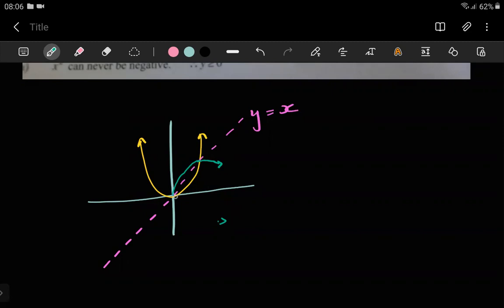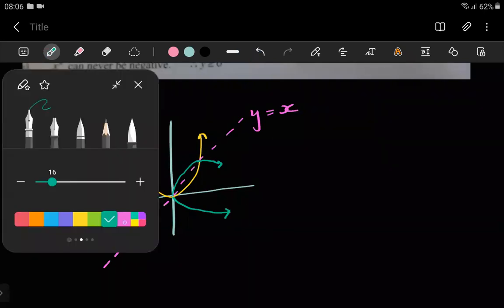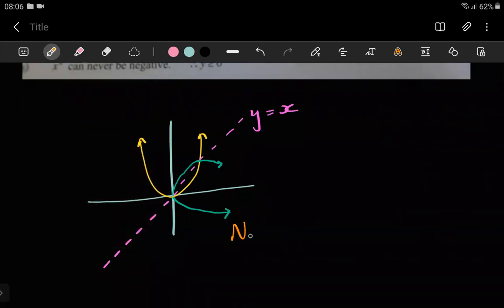So that's how you know your inverse looks something like this. Now, the issue is this inverse is not a function. It's a graph, yes, but it is not a function.